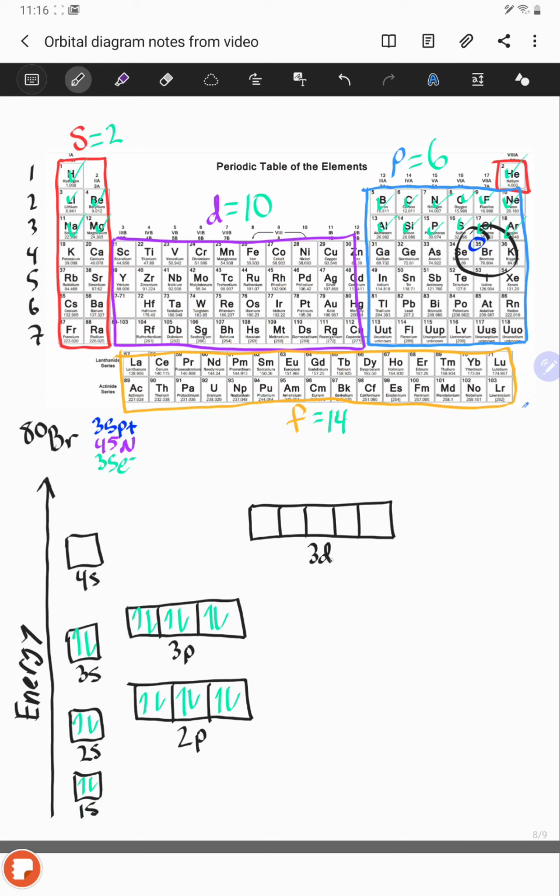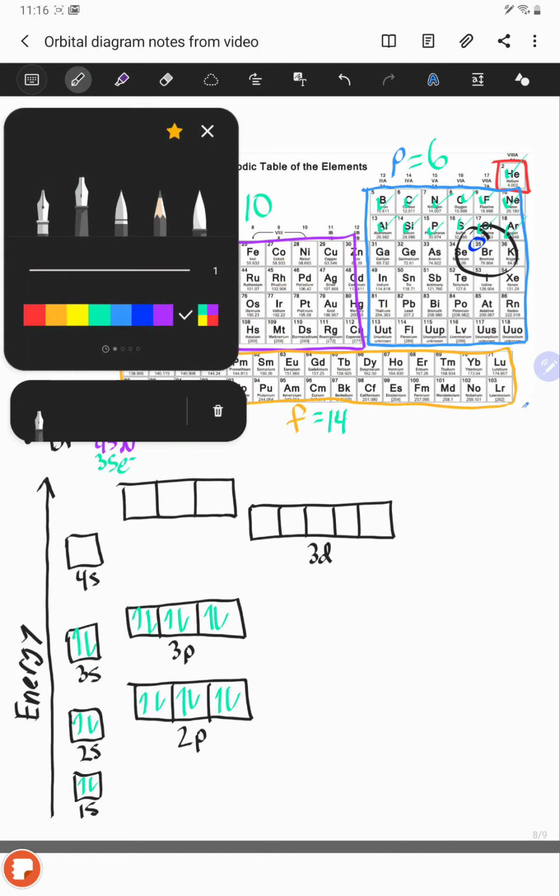Again, the 3d is located above the 4s. It's going to move in a little bit. And then we have the 4p, located higher than the 4s and higher than the 3d. It's going to be up here.